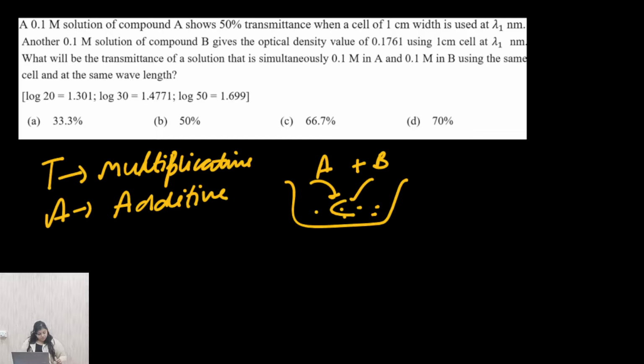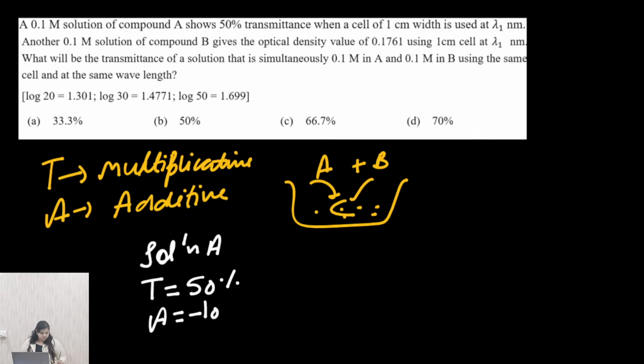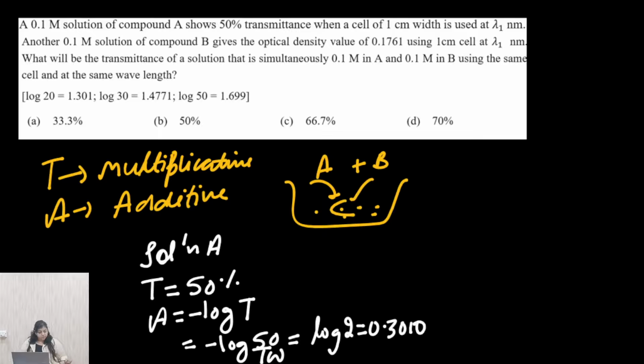Okay, so for solution A, the transmittance is given to us to be 50%. So absorbance in this is equal to the negative log of T, which is equal to negative log of 50 upon 100, which becomes the log of 2, which is equal to 0.3010. Right?